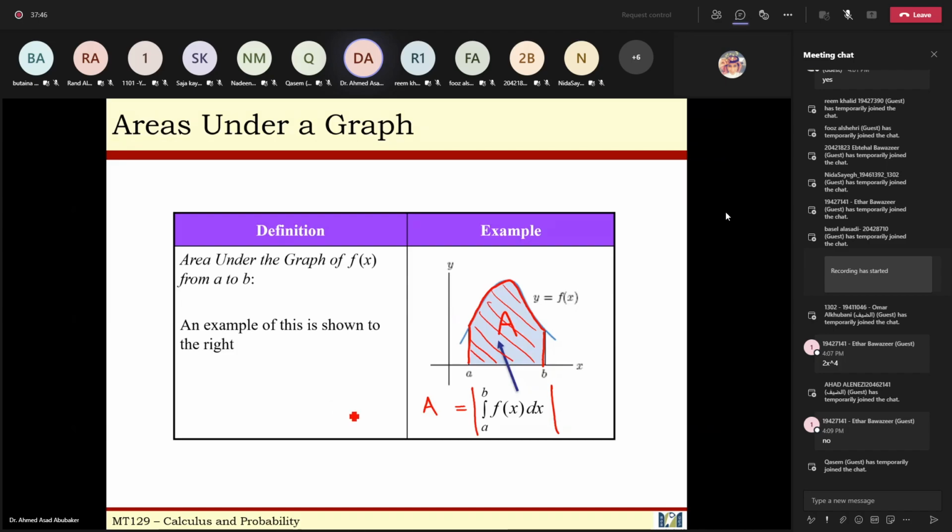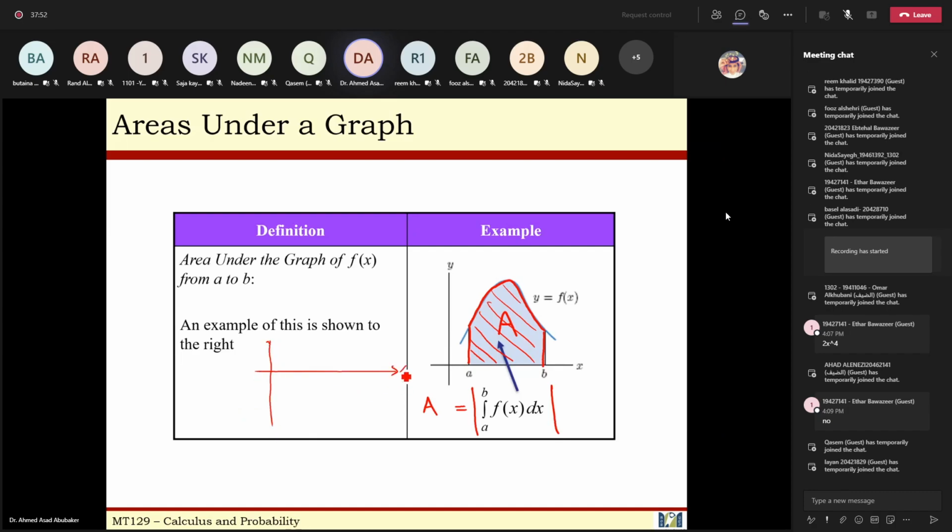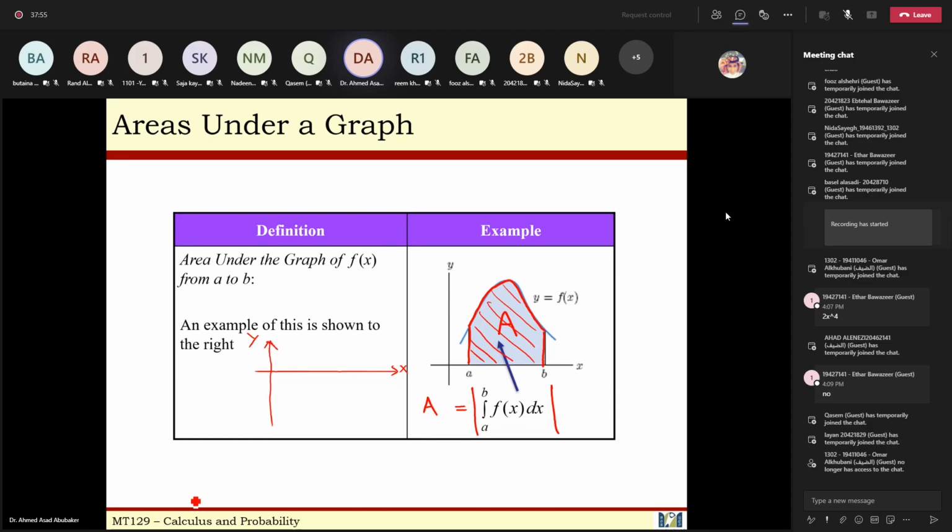For example, if we have like this, this is the x-axis and this is the y-axis, and the curve under the x-axis like this from A to B. So we have this region closed between the x-axis and the curve from A to B. So the integral from A to B of f of x dx, this is less than 0, negative. Why? Because the curve is under the x-axis.